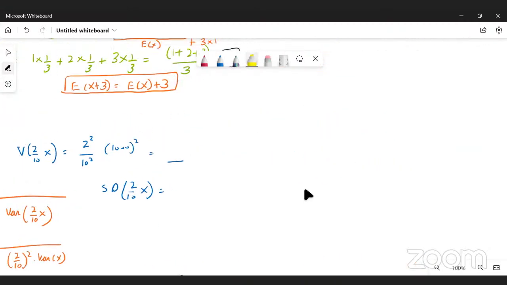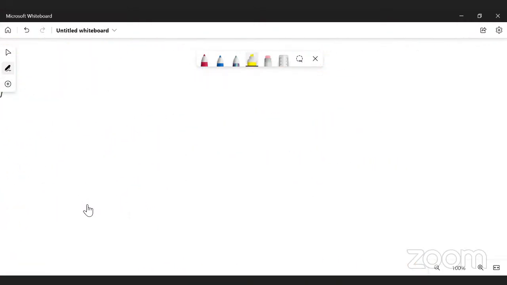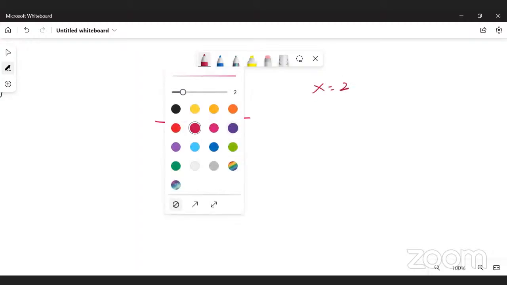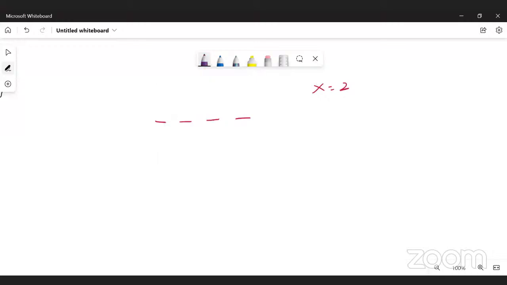Now for x equals 2, I need 2 heads, right? On any 2 places I can have heads. In how many ways can I select 2 places of these 4? 4C2.